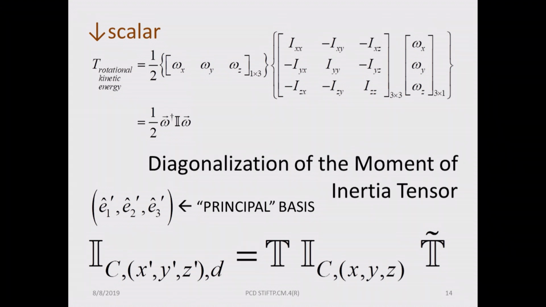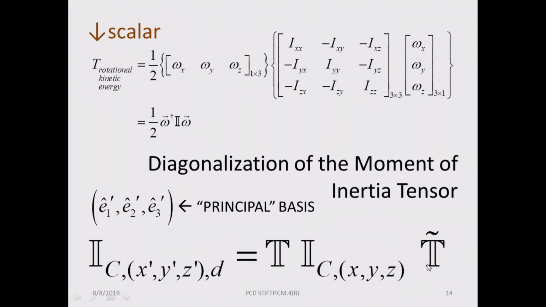If the matrix can be diagonalized, which is not always possible, depending on the singularity and that type of consideration, you can find an eigenbasis in which the matrix can be diagonalized, and you can develop an expression for the moment of inertia tensor matrix as a transformed matrix in which you carry out this transformation, which is the diagonalization.